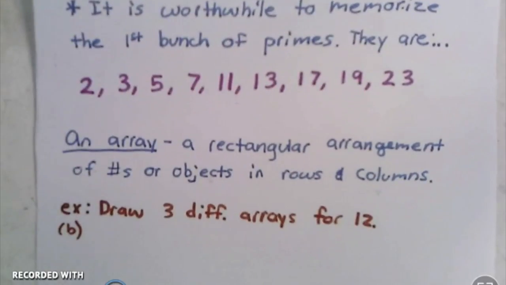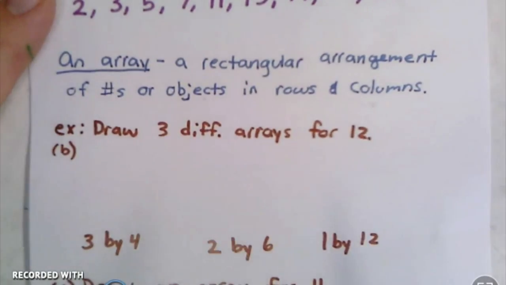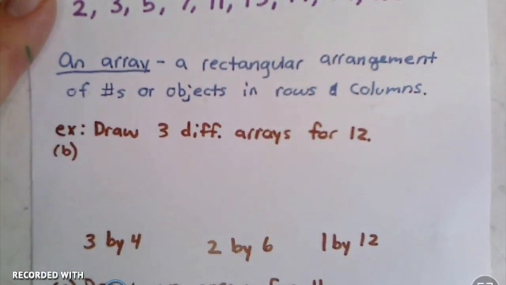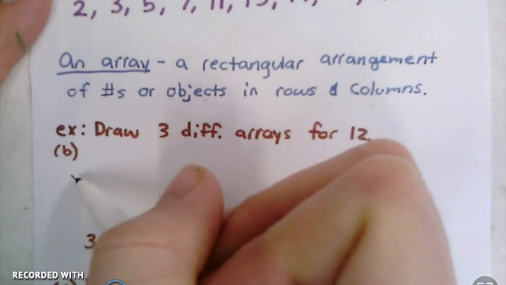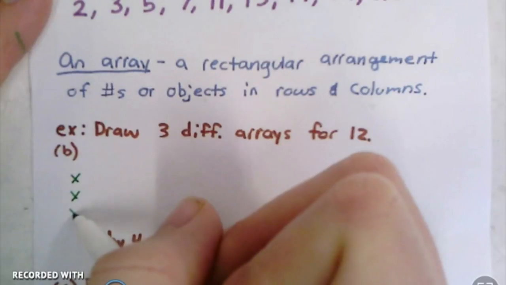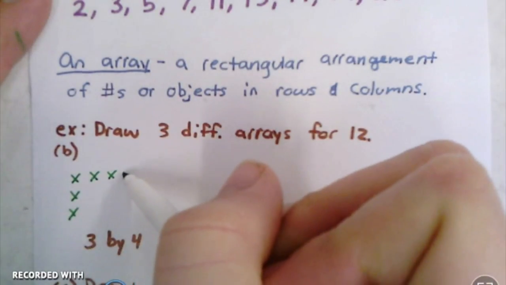The last thing in this lesson is an array. An array is a rectangular arrangement of numbers or objects in rows and columns, and we've used arrays to show multiplication before. So draw 3 different arrays for 12. I'm just going to use an X to represent each spot. So 3 by 4 means I'm going to do 3 down, 1, 2, 3, and 4 across, 1, 2, 3, 4.